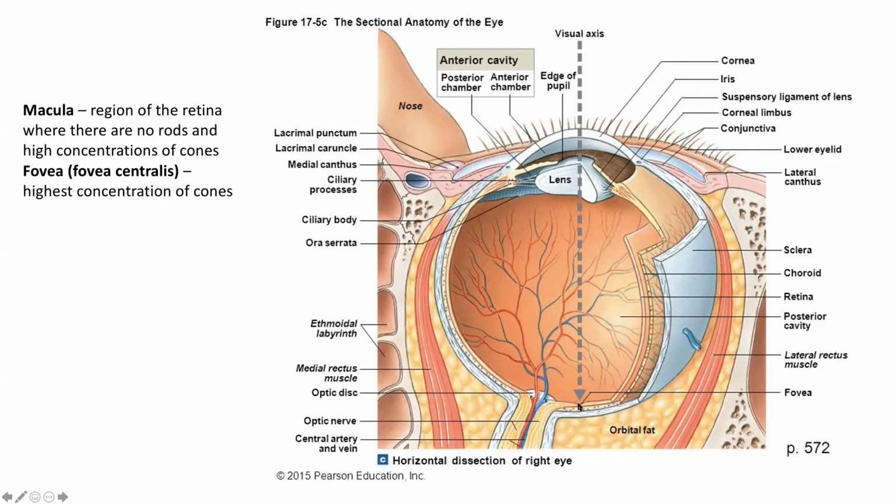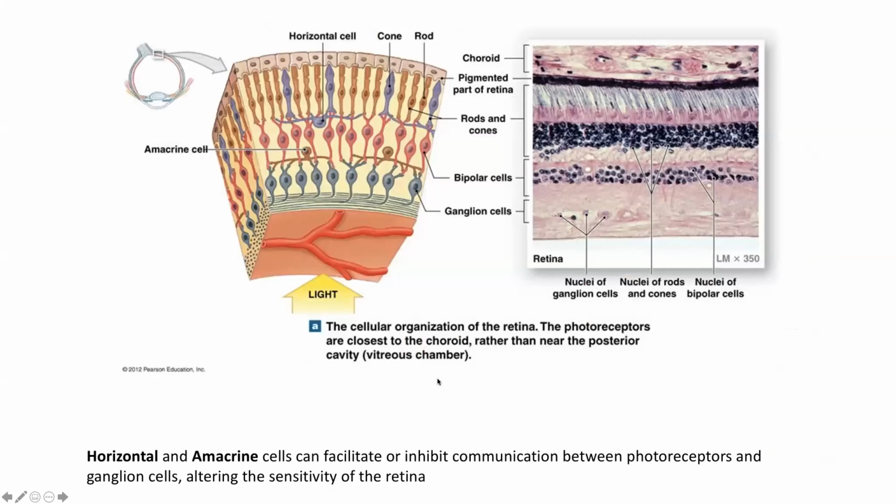And that's where we need to bring our focus. So the lens changes shape to bring the focal point right on the fovea, so we can see stuff clearly. When it comes in front of or behind, then the image starts to turn out blurry. And we'll look at that in a second.